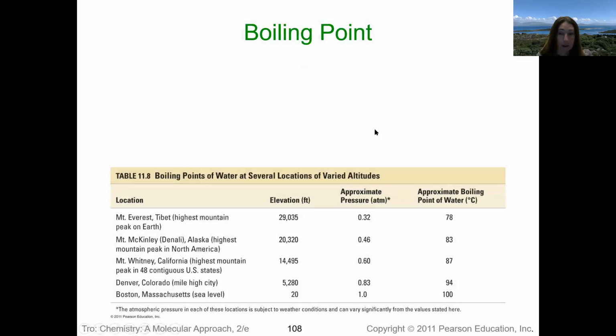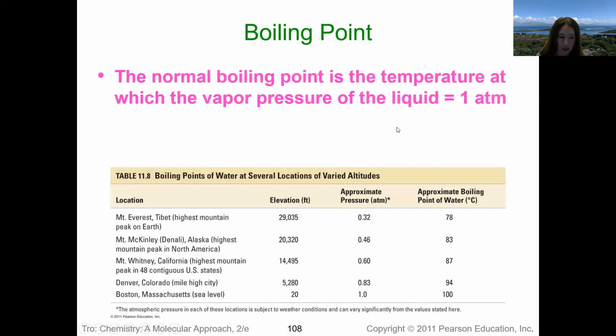Okay, now boiling point. We talked a little bit about boiling point. We'll talk about this next module also. So remember, the normal boiling point is the temperature at which the vapor pressure is the same as atmospheric pressure. So what does that mean?